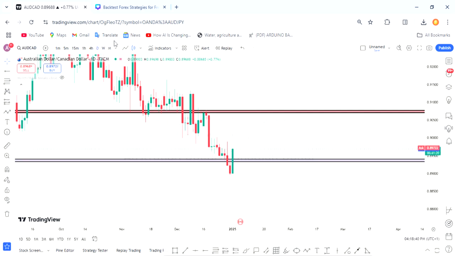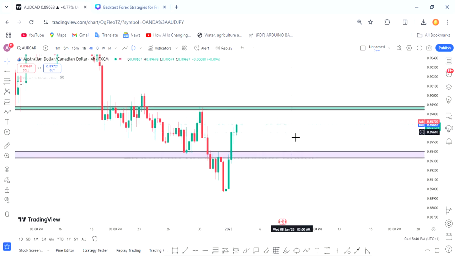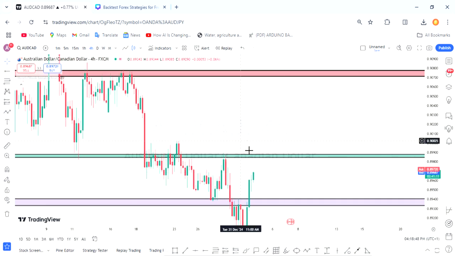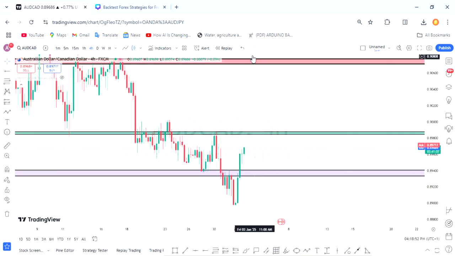Now, we've done that. Let's go down to our 4 hour. On the 4 hour, we have a level here. So that means the market cannot just go straight to this daily level here. We have a 4 hour level here that has to be broken.